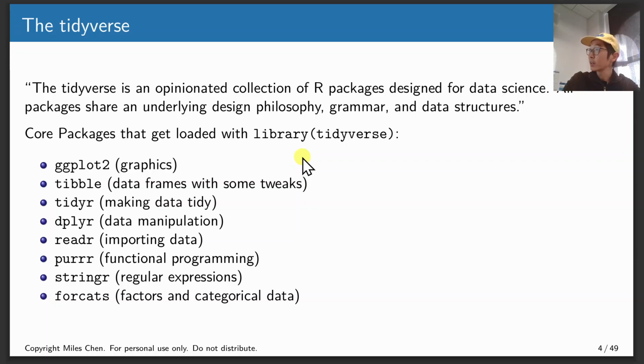And this is a list of packages that get loaded when you call library(tidyverse). If you haven't done so already on your computers, you should probably do install.packages("tidyverse"), and it will install a bunch of these packages. Then when you call library(tidyverse), it will load a bunch of these things up. We'll look at some of these.